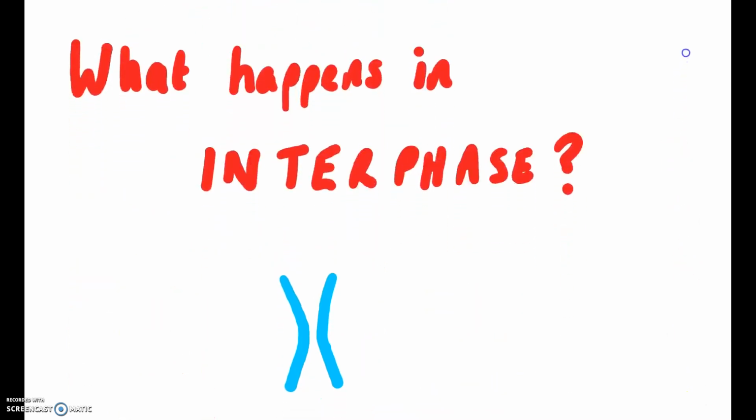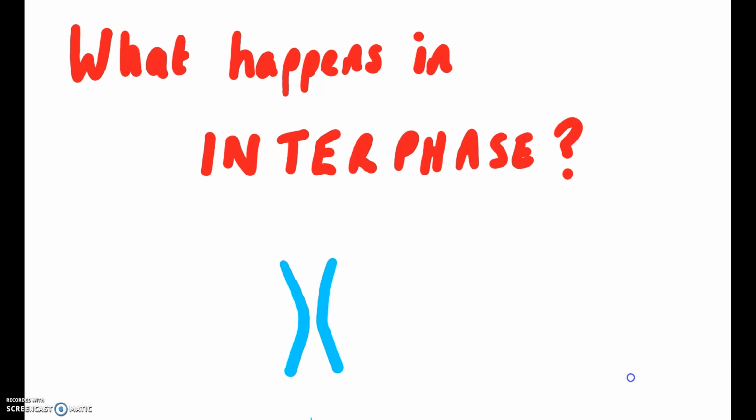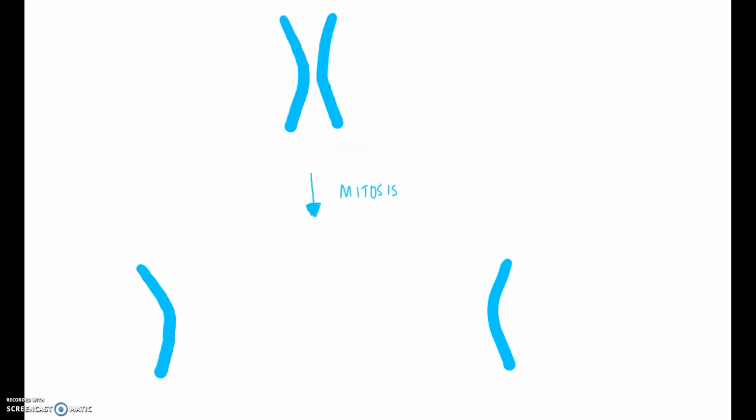So the big question really is what happens in interphase, because this is, I think, the key to really trying to understand what's going on. In mitosis, the individual chromosomes are separated into their chromatids.